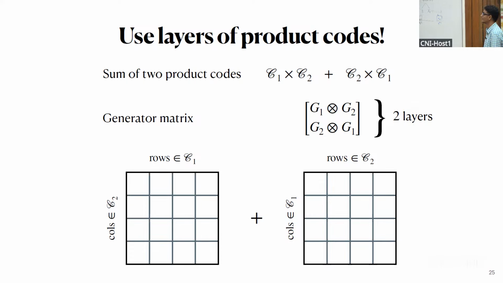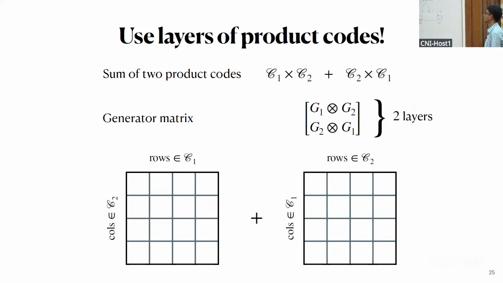I take C1 cross C2 plus C2 cross C1. C2 cross C1 would mean that the rows are in C2, columns are in C1. Every code word here is the sum of two code words, one from this product code, another from that product code. If you write a generator matrix, it will be G1 tensor G2 and G2 tensor G1. I think of it as two layers coming together, each layer a product code, giving me the sum of two product codes.